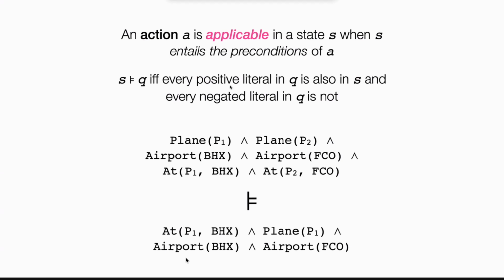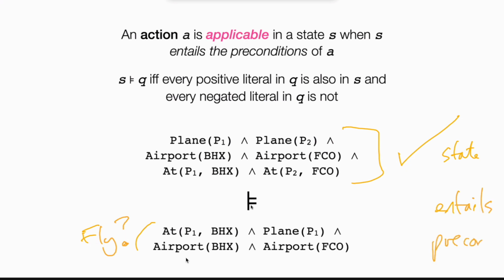So here, at the bottom, we've got the preconditions of the fly action. And this is saying, can I fly plane 1? And the answer is, in this state, yes, I can. I can fly P1 in that state, because this state entails the preconditions, which we see down here.